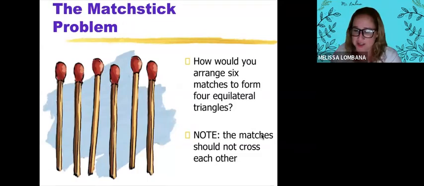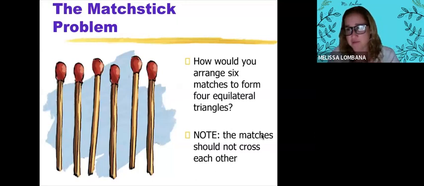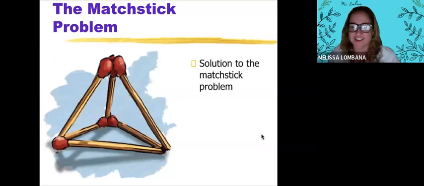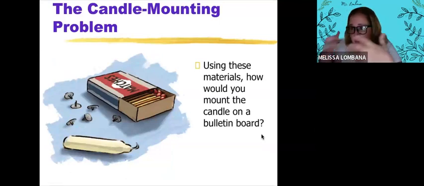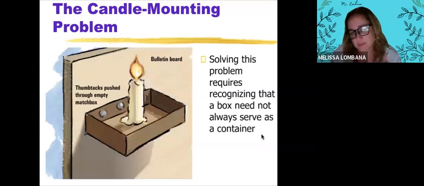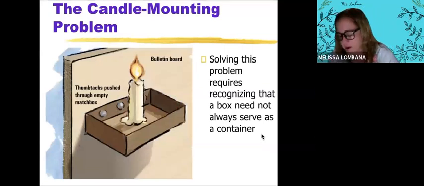So pause if you need to. If you have me on super speed or not listening, then here's the answer. See, probably got your attention now. So there you go. This is another one of how to create a candle mount using these things, right? If I gave you this, okay, guys, make a candle mount, you would have to be able to do this, and you could think about it, and then this would be the solution to that.